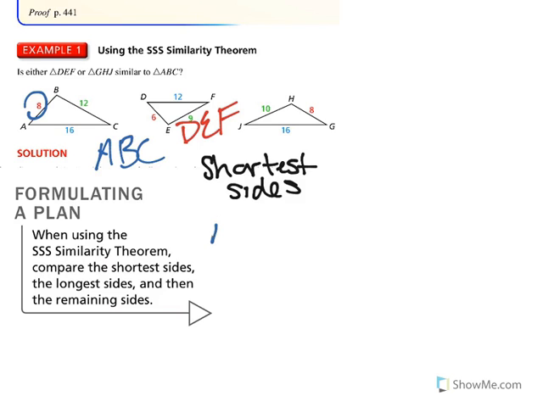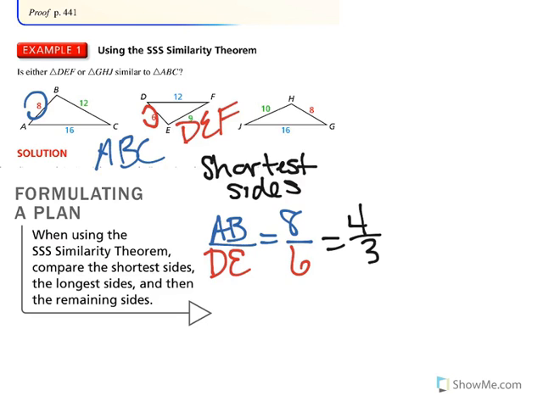So I'm comparing AB, and it's 8. And I'm going to put that over the shortest side of DEF, which is 6. So DE is 6. And if I reduce those both by 2, I get 4/3 as my scale factor.